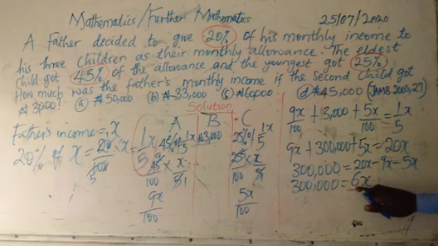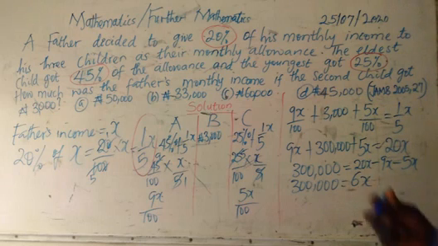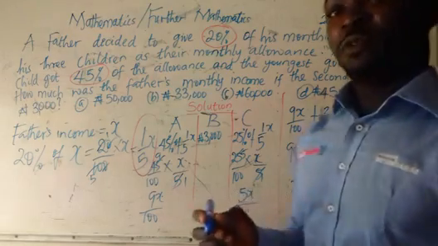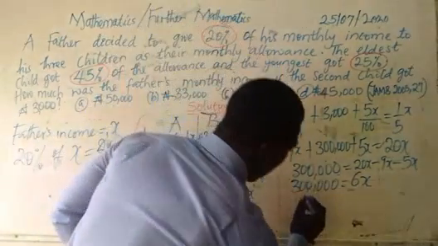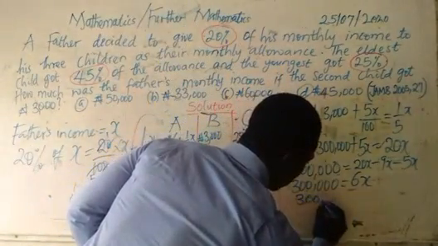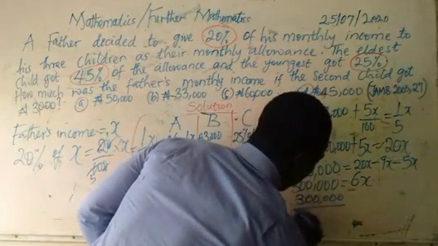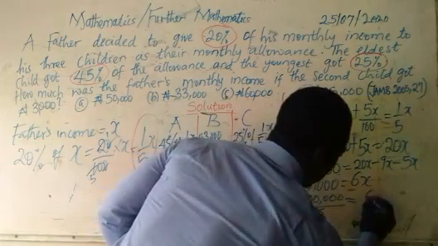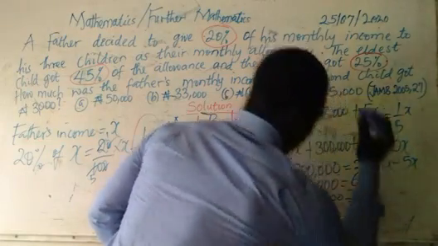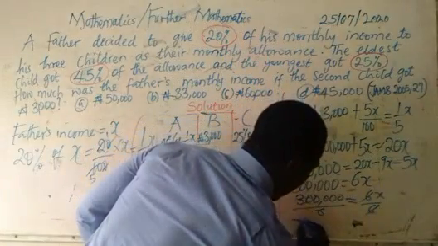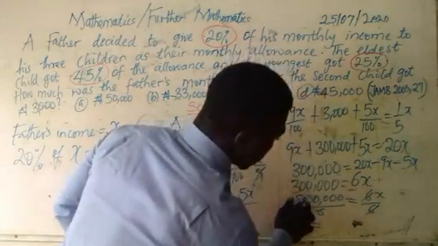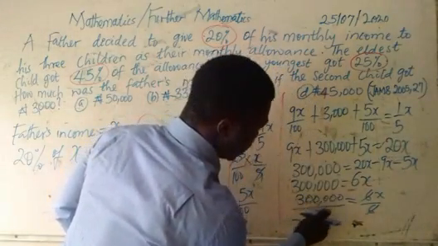At this point, to find the value of x, we are going to divide both sides by the coefficient of x, which is equal to 6. So we have 300,000 over 6 equal to 6x over 6. This can go with this to give us x equal to 300,000 divided by 6.